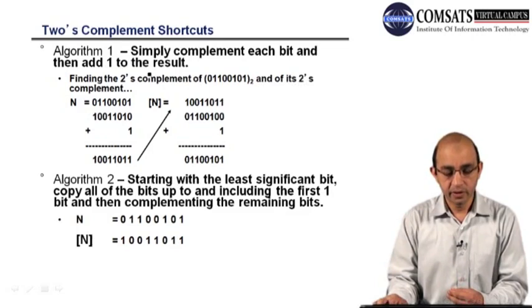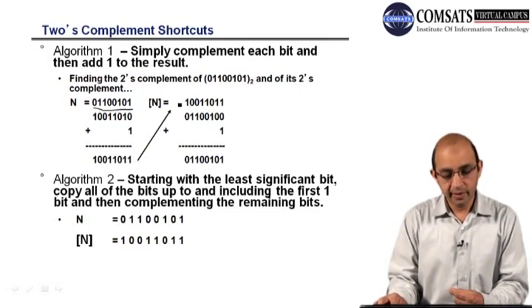Regarding the first algorithm, if this is the number whose 2's complement has to be calculated, you invert the corresponding bits. So here you have 0 because this is 1, and then we have 1 here because this is 0, and this is 0, so we have 1 over here. So we complement all the bits, and then we add 1. So this is the 2's complement.